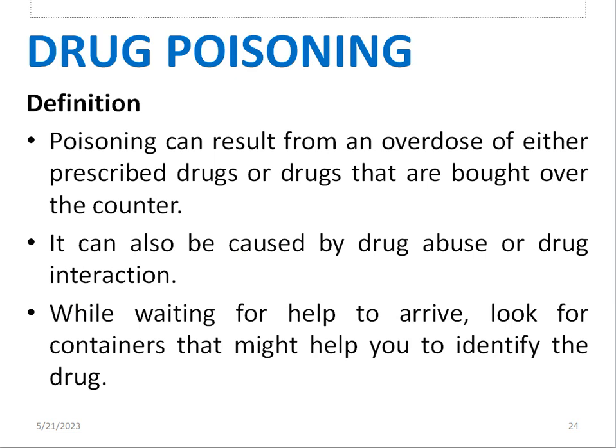This takes us to another type of psychiatric emergency, which is drug poisoning. Poisoning can result from an overdose of either prescribed drugs or drugs bought over the counter. It can also be caused by drug abuse or drug interaction. While waiting for help to arrive, you can look for containers that might help you identify the type of drug that one might have taken.